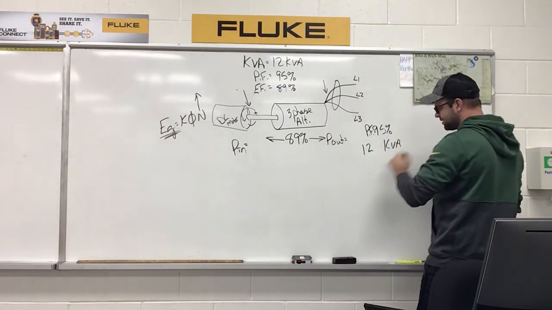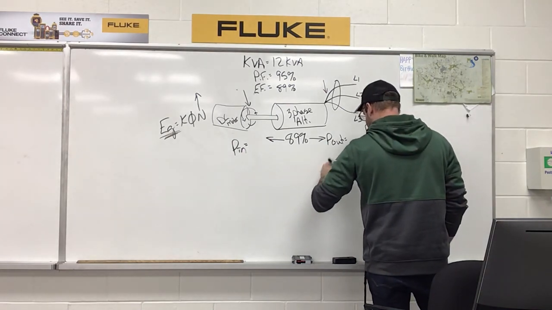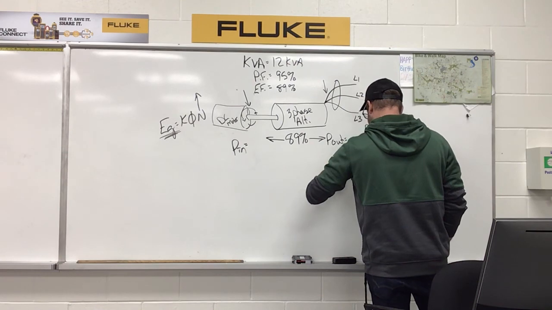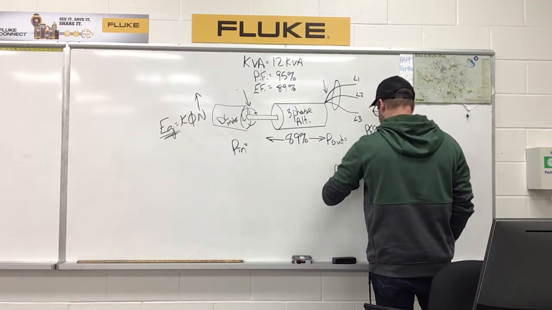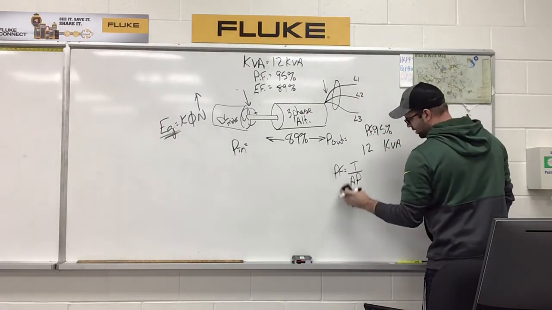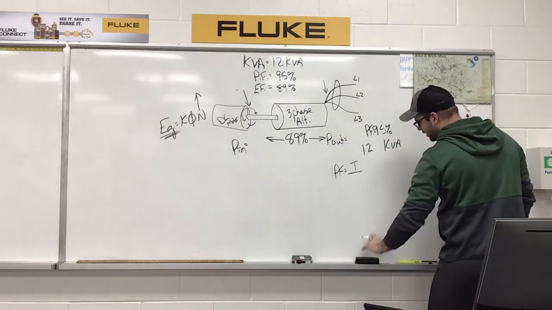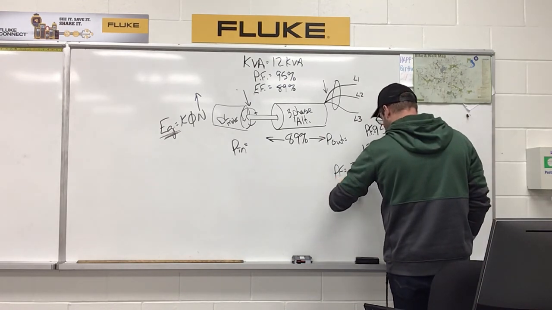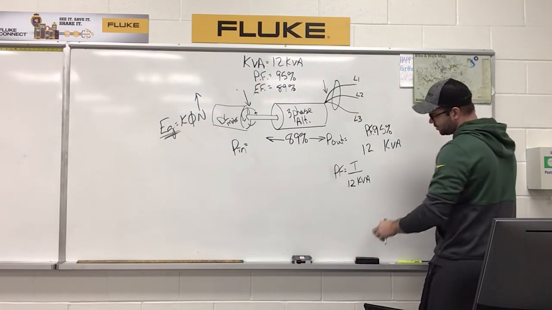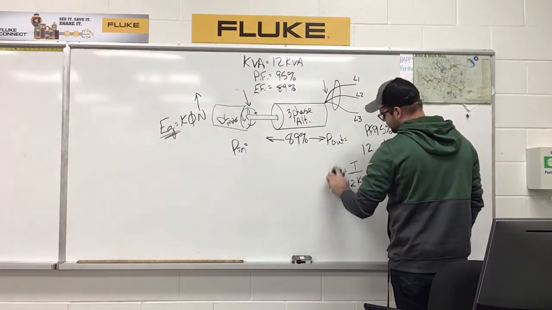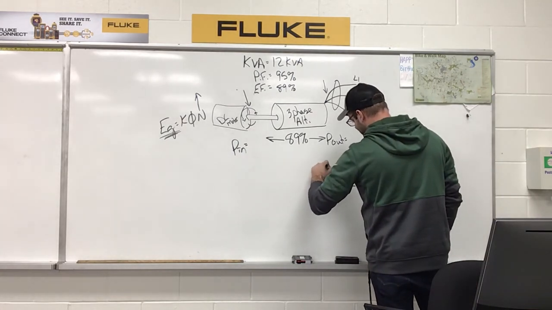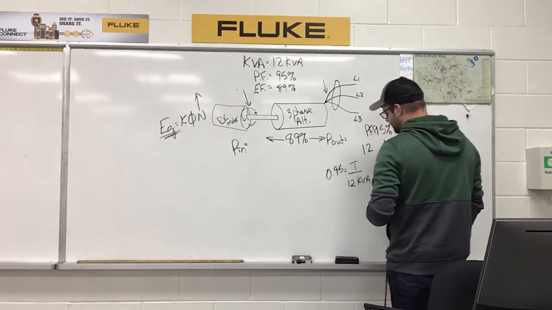So when you're calculating these out, my power factor is equal to our true power over our apparent power. So our true power is going to go on the bottom. We have 12 kVA, and our power factor is 95%, or as a decimal is 0.95.